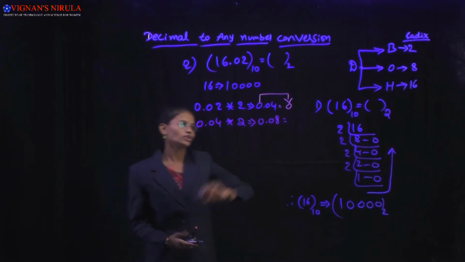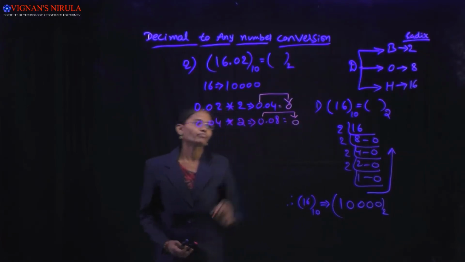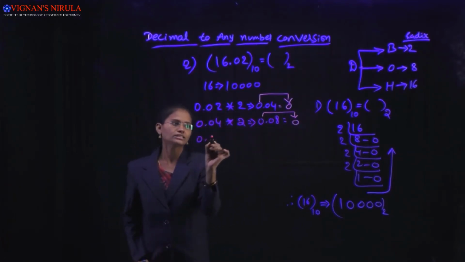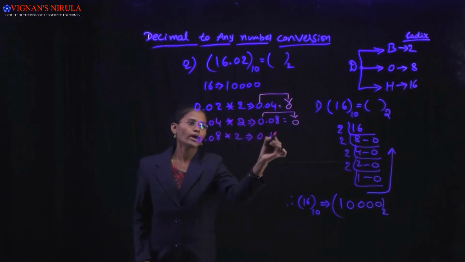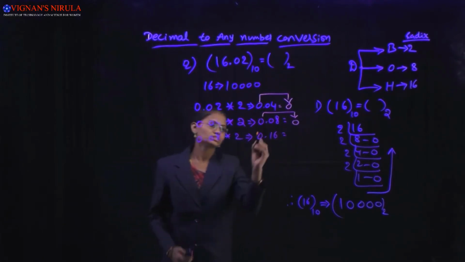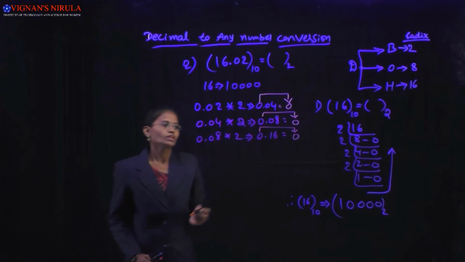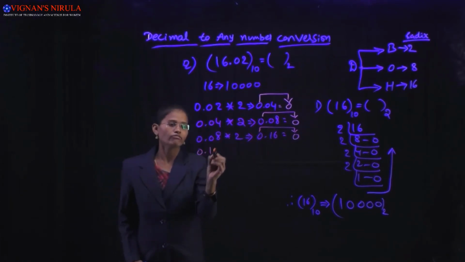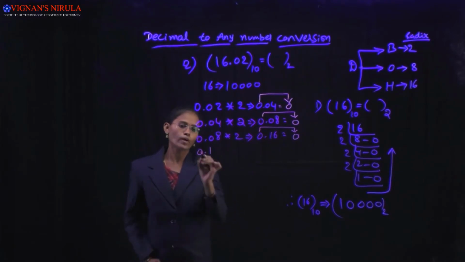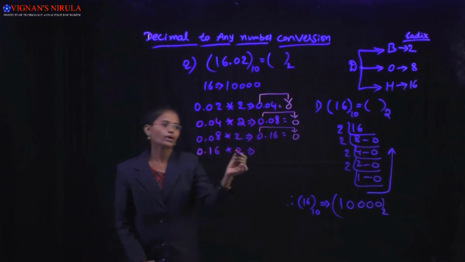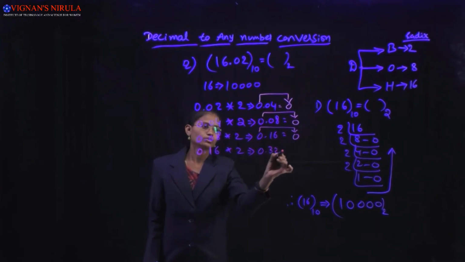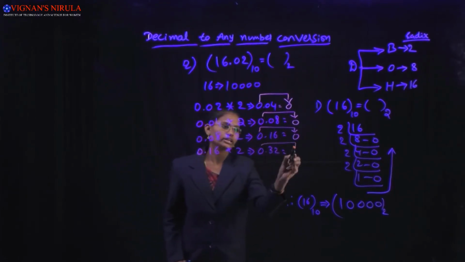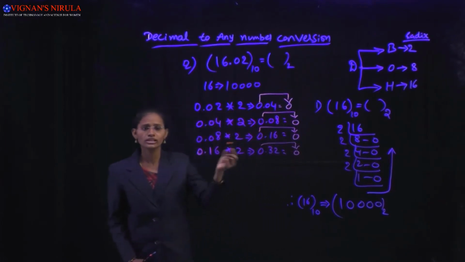Here also 0 is written down, and next 0.08 into 2, that is 0.16. So 0 is written down here. And next 0.16 into 2, that is 0.32. Here also 0 is written down.